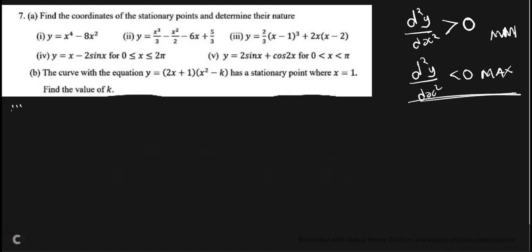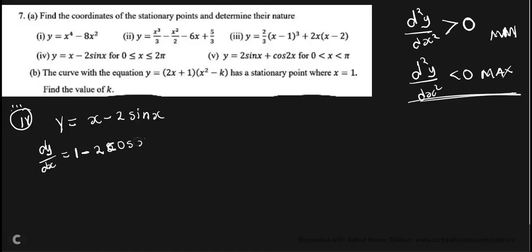Question 4. Then that is it. y equals x minus 2 sine x, like that, right? Now what do you do here? Let's differentiate this. So dy/dx is 1 minus 2 cos x.